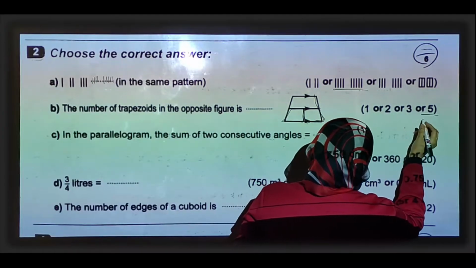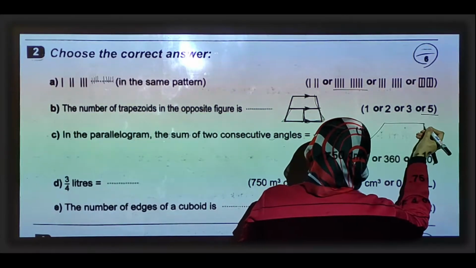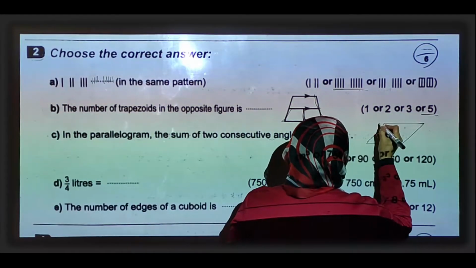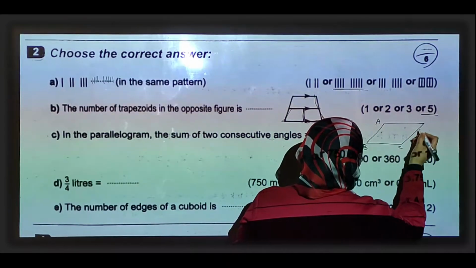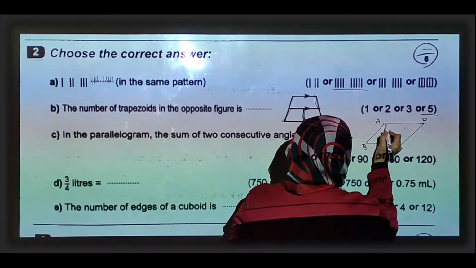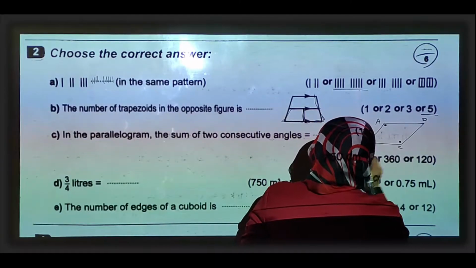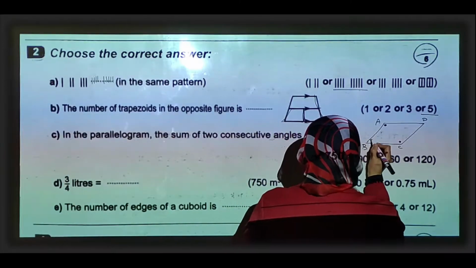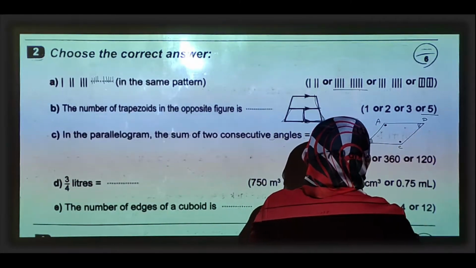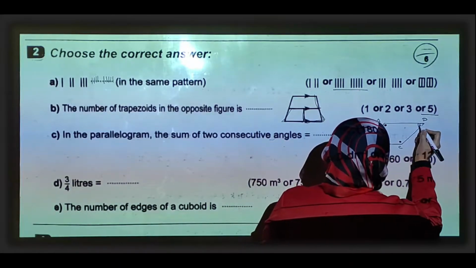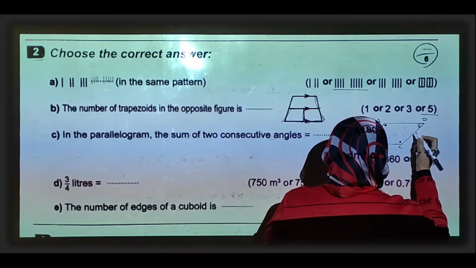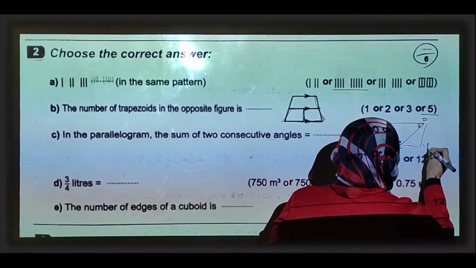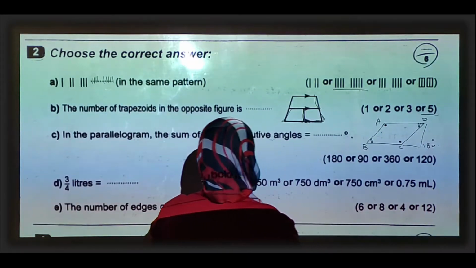From the properties of parallelogram, measure of angle A equals measure of angle C. Measure of angle B equals measure of angle D, and the sum of 2 consecutive angles must be 180 degrees.